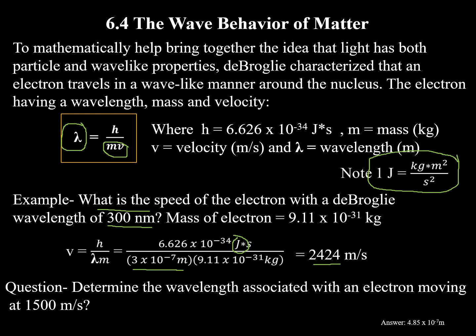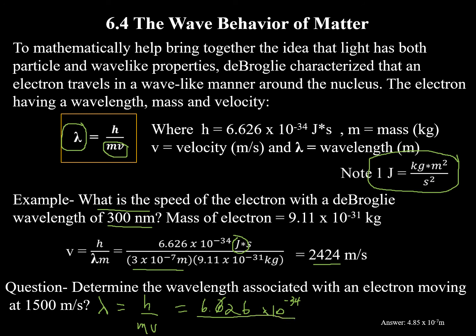The next question is to determine the wavelength associated with an electron moving at 1500 meters per second. So here we would use de Broglie's equation, wavelength equals h over m times v, velocity. We plug in those values. h is 6.626 times 10 to the minus 34 joules times second.